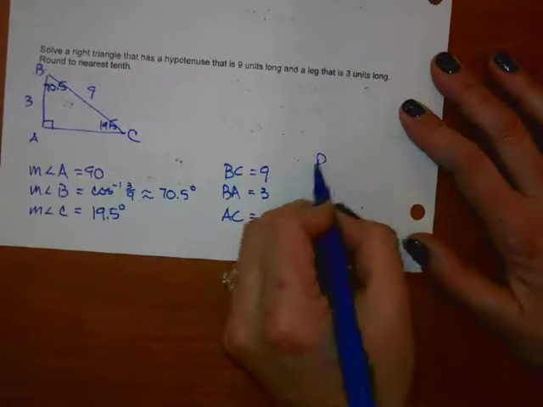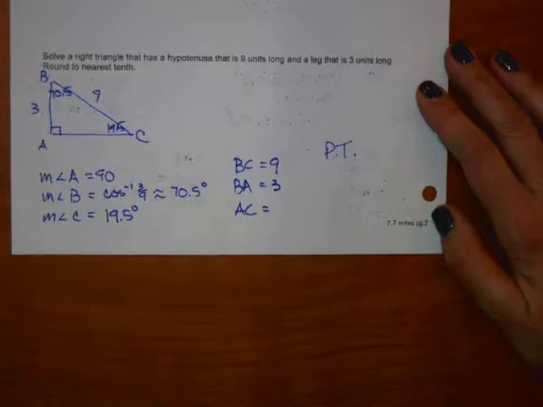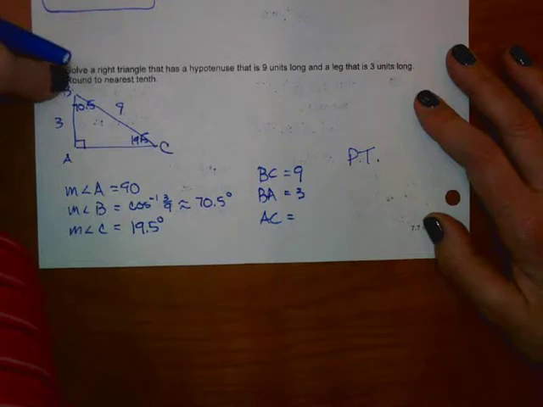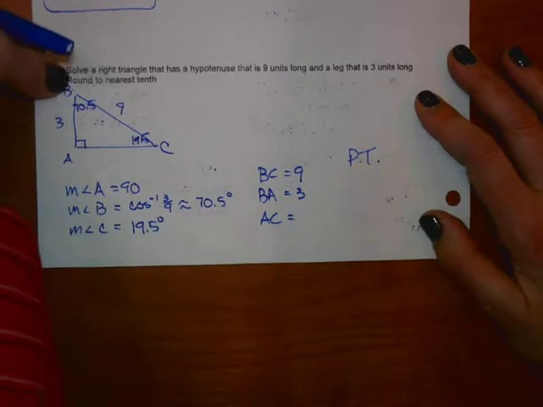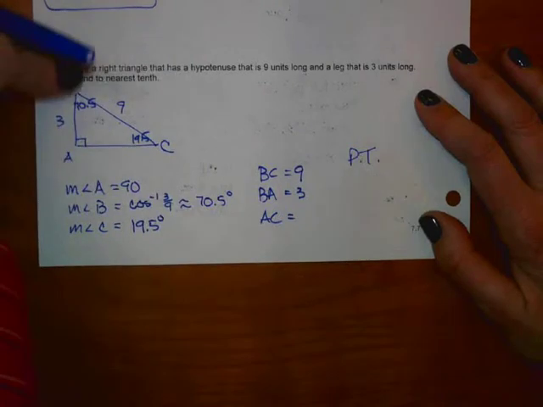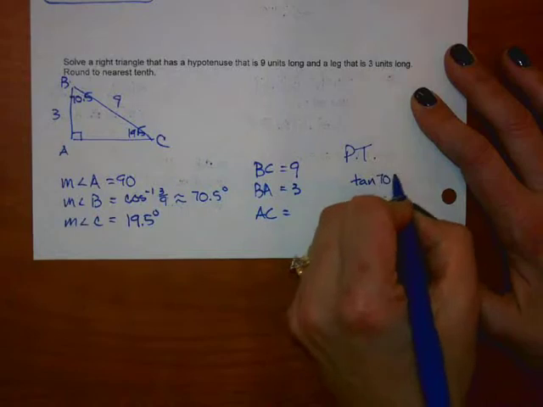Let's do a trig ratio. Let's go from angle B here. So if I'm going to use angle B, what ratio would I use? Let's use tangent. There's options. Let's use tangent, okay? So I'm going to say the tangent of 70.5 is equal to AC over 3.